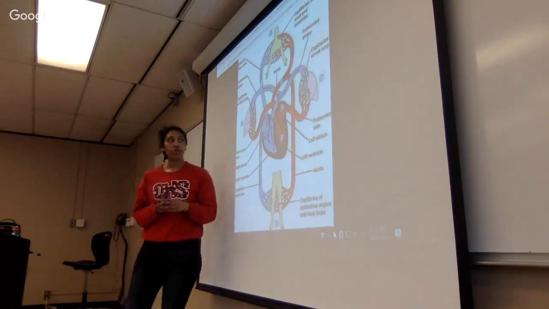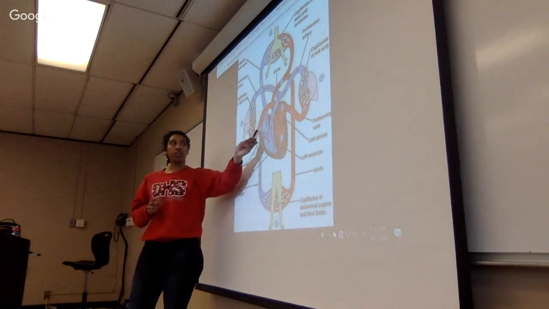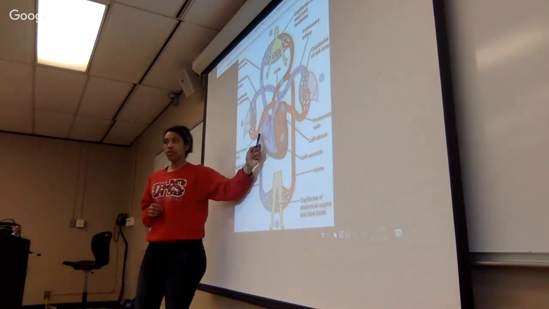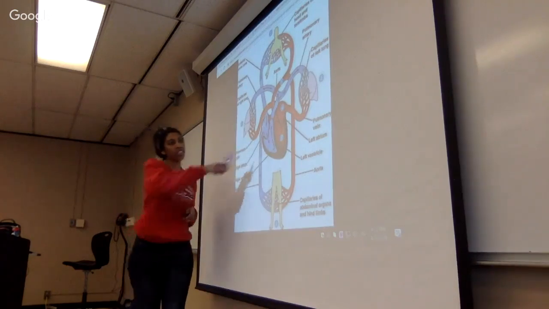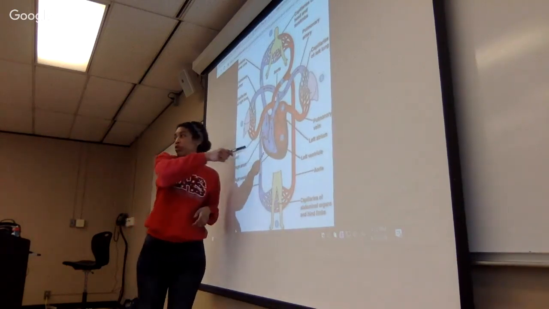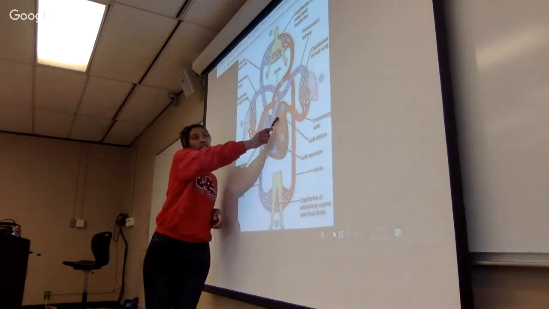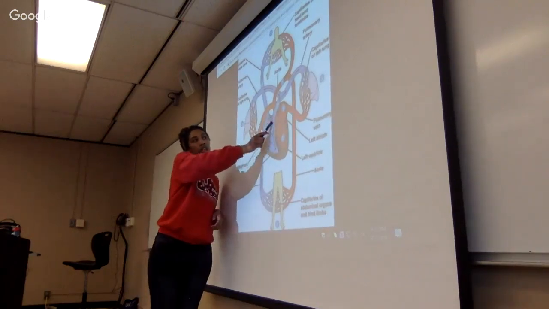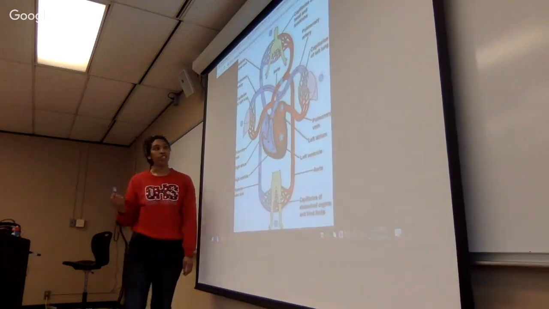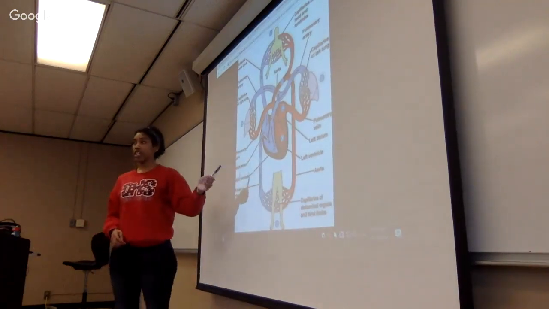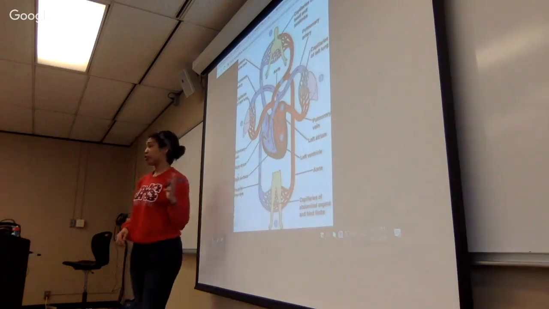I would also know that there are 2 atria, 2 ventricles. What are these things that restrict the movement of blood through the heart? What are those things called? Valves, right? So I would definitely know the pulmonary and systemic circuit. There are 2 atria, 2 ventricles.